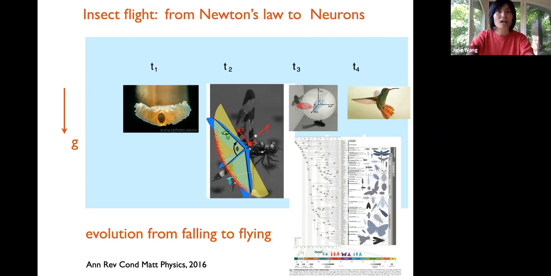Then we have dragonflies, about 350 million years, and flies about 250 million, and more recently birds, and so on. That partly explains why I say it is from physical laws to neurons. Okay, that's all I want to say. I'll be happy to take questions.